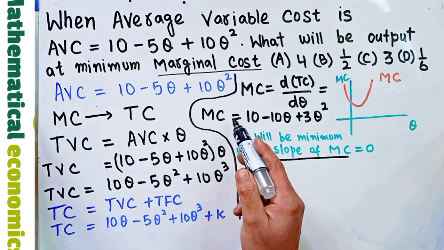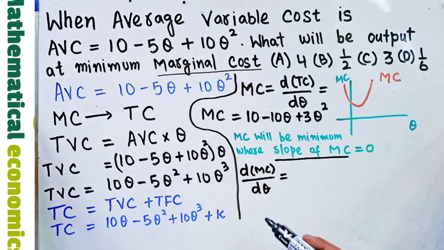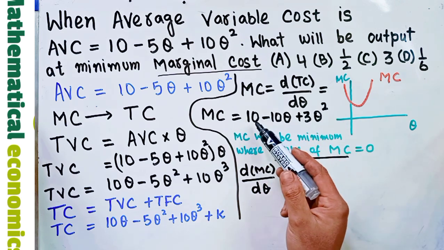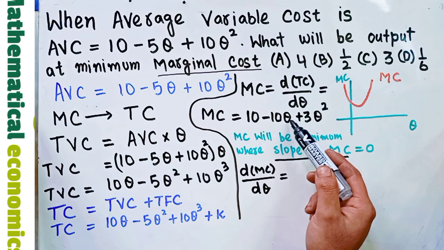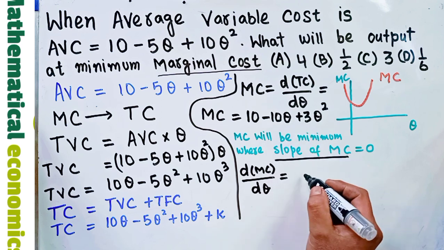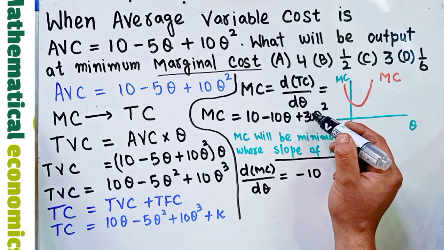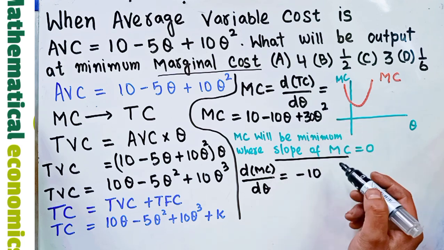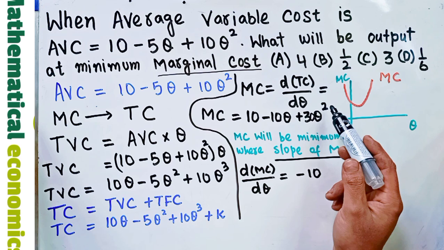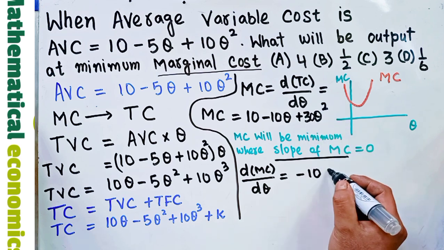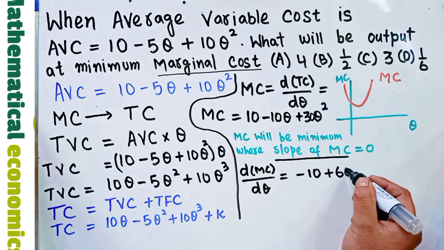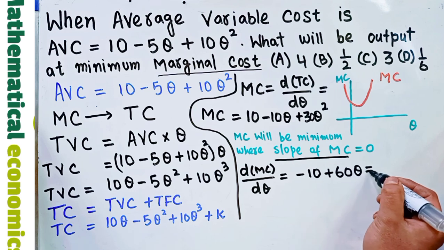So we differentiate this marginal cost function with respect to Q. Derivative of a constant is 0. Derivative of Q will be 1 here, so we are left with minus 10. Here it is 30Q square. Sorry for the mistake. And derivative of Q square is 2Q, so 2 into 30 is 60. We write it here, 60Q, and we set it equal to 0.